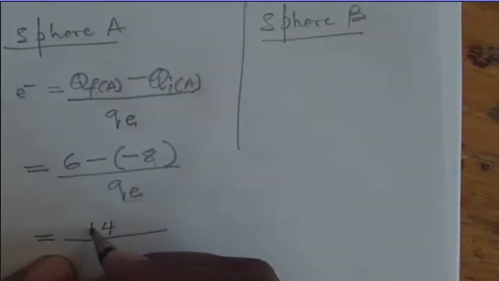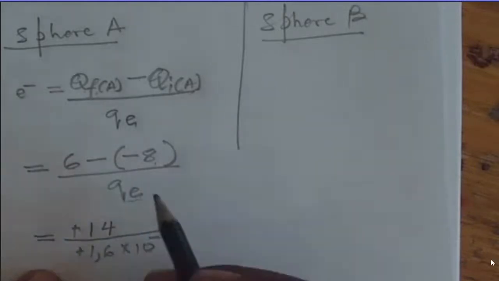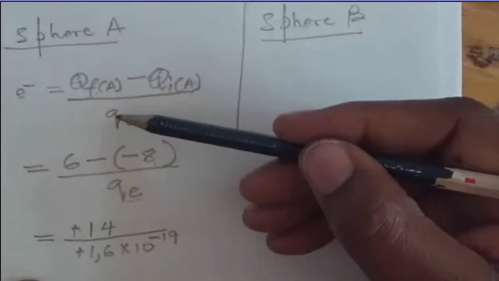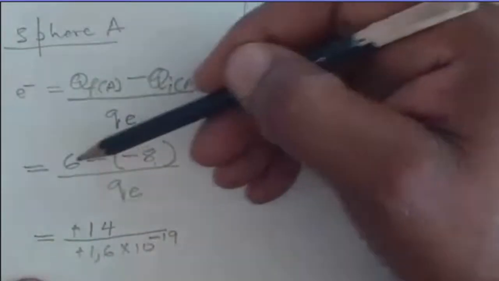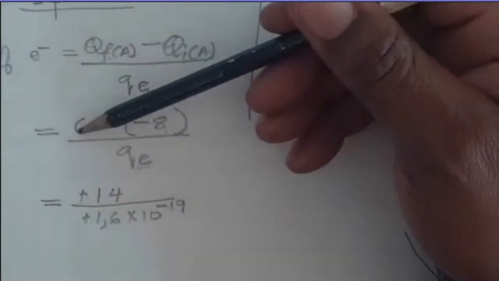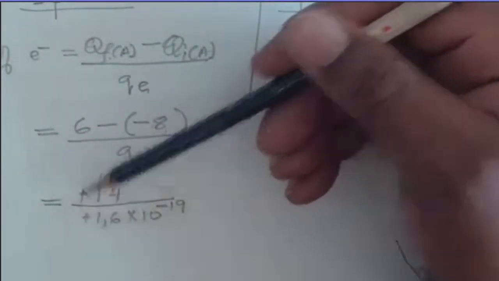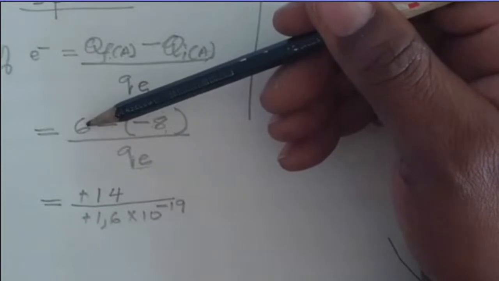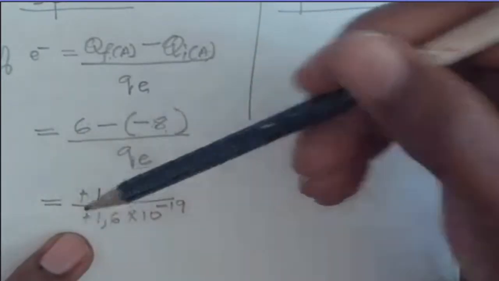If the top part is positive, the bottom part will be positive 1,6 by 10 to the power -19. That is why I wanted to keep the charge of electron. I wanted to check the top part first. If the numerator was negative, I would divide by a negative, but my numerator is positive, so the denominator will be positive.